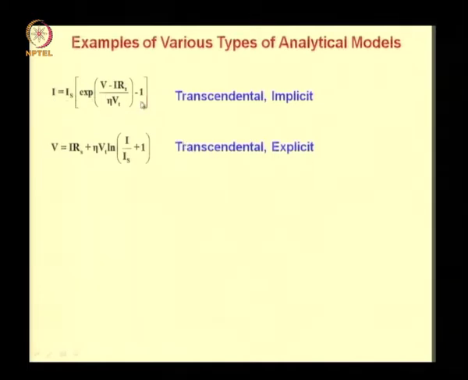Now this form is transcendental and this form too is transcendental because it involves logarithmic functions. However, this is an implicit form because it contains both the dependent and independent variables on the same side, whereas the same equation has been recast here with voltage on the left hand side and current on the right hand side. In other words, the independent and dependent variables have been isolated on the two sides of the equation, and therefore this form is explicit.